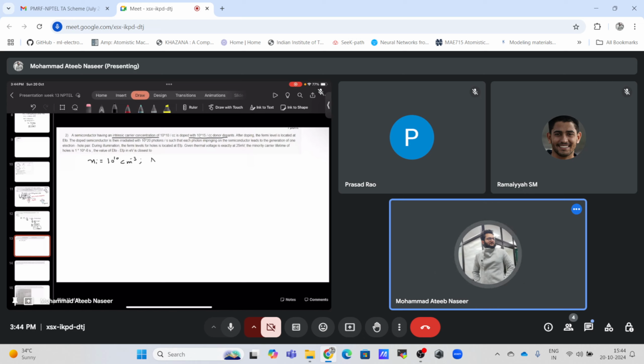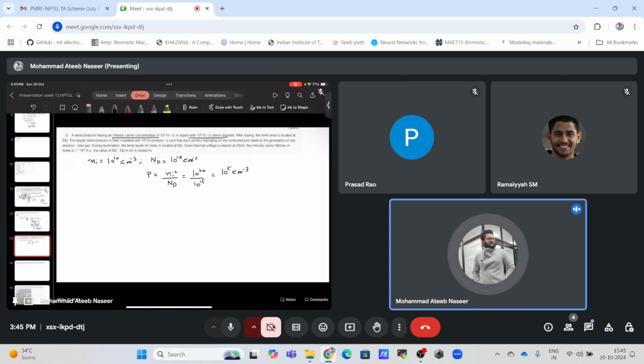Doping is done using donors, which is 10 to the power of 15 per centimeter cube, so the hole concentration will simply be Ni squared by Nd, which is 10 to the power of 20 by 10 to the power of 15, equal to 10 to the power of 5 per centimeter cube. Okay, so you have seen this kind of problem.